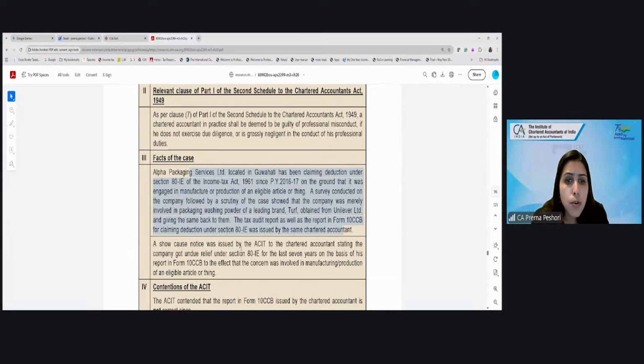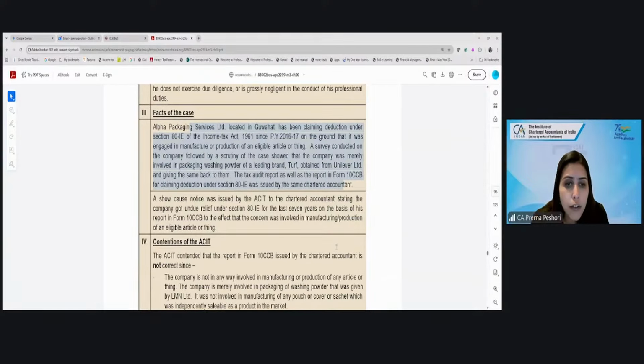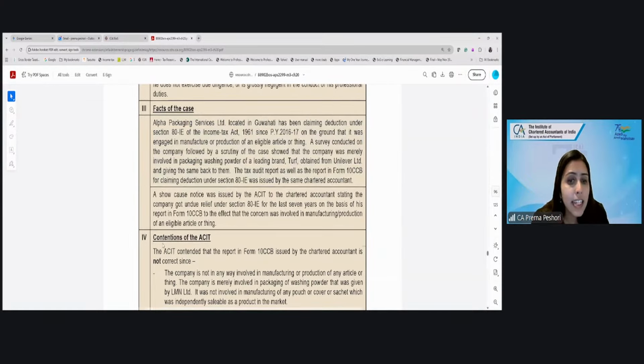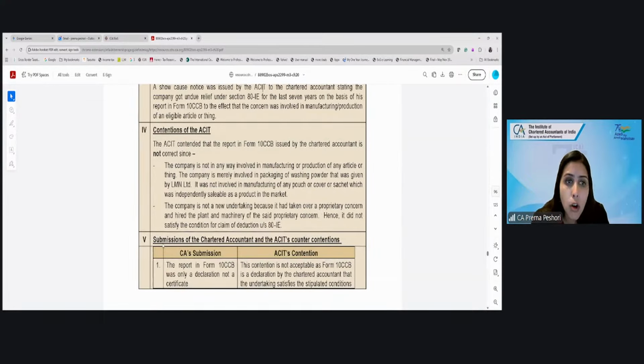A show cause notice was issued by the ACIT to the CA stating that the company got undue relief under the section for the last 7 years on the basis of his report in Form 10CCB to the effect that the concern was involved in manufacturing or production of the article or thing. Now, the ACIT contended that the report in 10CCB is not correct since the company was not involved in manufacturing or production. The company was only packaging the washing powder that was given to it by the LMN Limited.